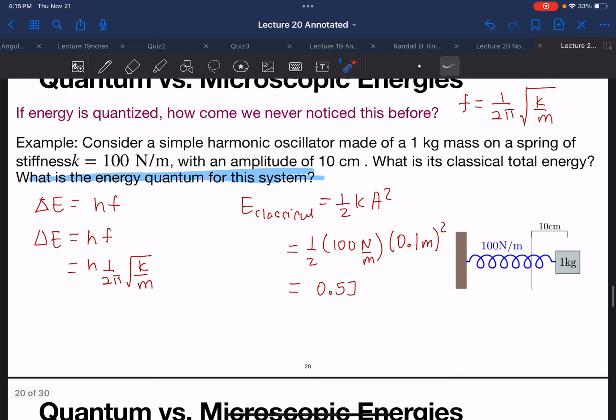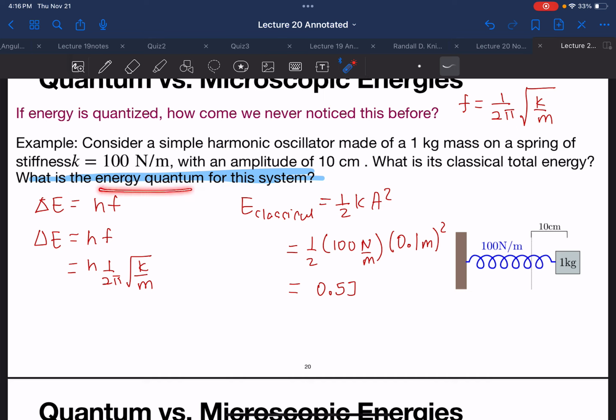In this example, consider a simple harmonic oscillator made of a 1 kilogram mass on a spring of stiffness 100 newtons per meter with an amplitude of 10 centimeters. What is the classical total energy? And then what is the energy quantum for this system?